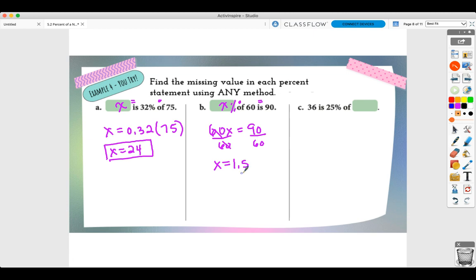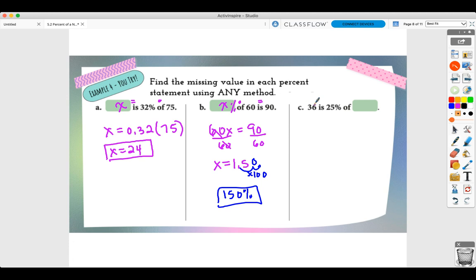Remember, the only difference with this is you're multiplying by 100. That means you're moving this 2 places to the left. This is going to be 150%. And that makes sense. When the part is bigger than the whole, it's going to be over 100%. 90 is 150% of 60, okay?